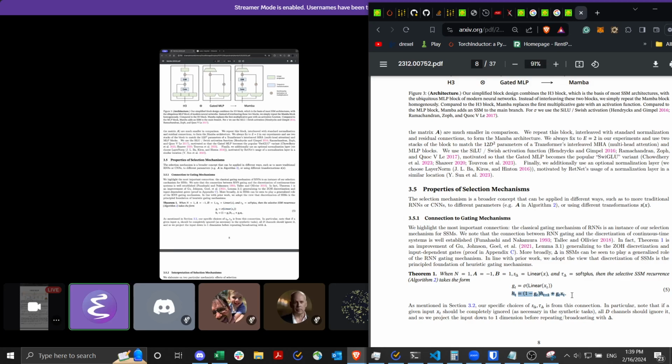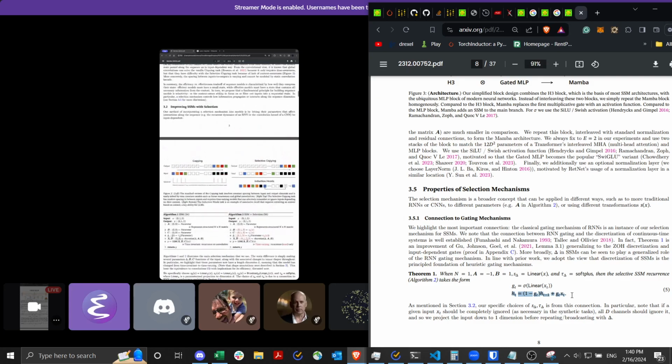So it could learn to map that to a g sub t of 0, right? If it learned to map the word to 0 with this linear layer and the sigmoid here, then it would in effect be saying, never pay attention to that word, right? So if, let's say, 0.5% of the words were that, it could then extend its context by that much just by virtue of learning that trainable gate there.